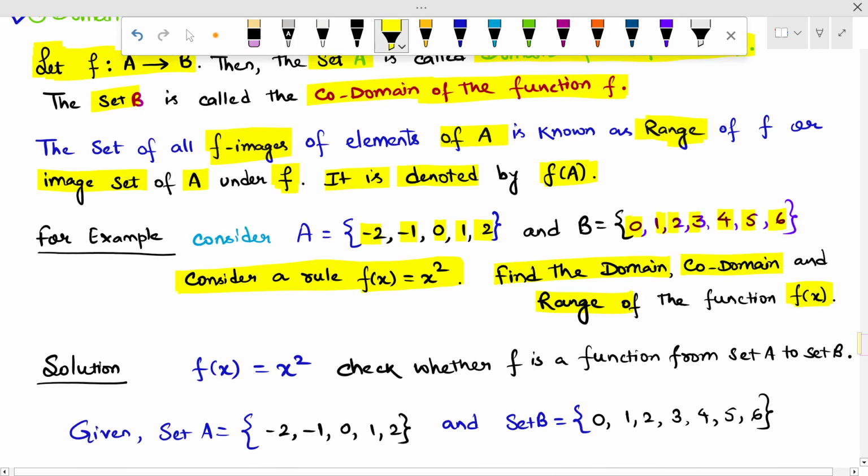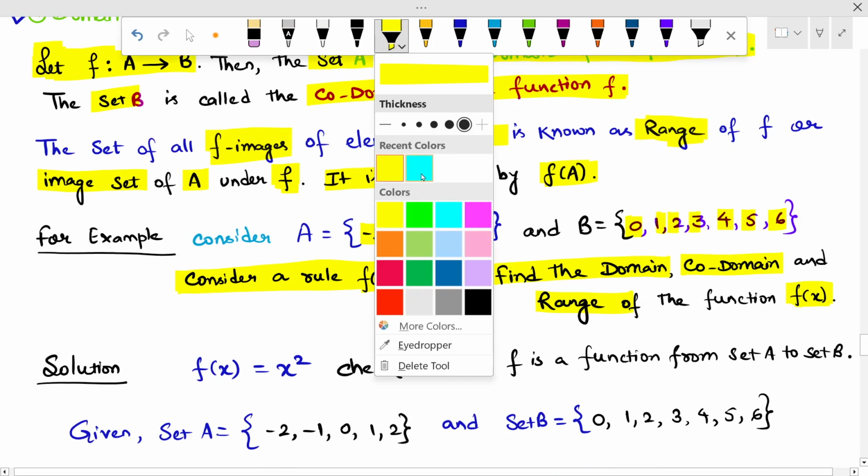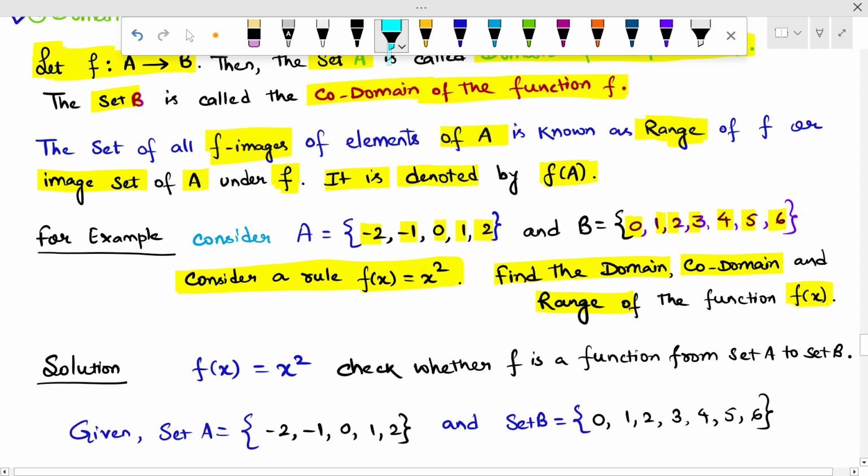Before going into that, we need to check whether this f(x), which is defined by f(x) = x² from set A to set B, this f from A to B, is a function or not. We need to check it. See how to check.